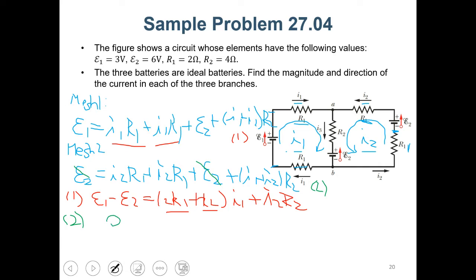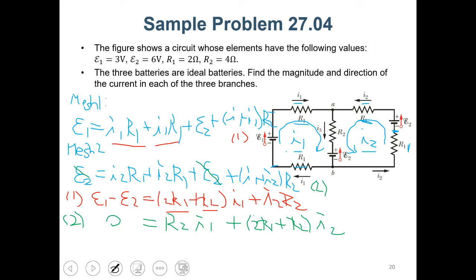So the left hand side is 0 equals R2 I1 plus 2R1 plus R2 I2, something like this. So I1 and I2 are unknown variables, all the others are known variables. So we have two unknowns with two equations. Two equations with two unknowns, so then we can solve I1 and I2, and then we substitute the numbers in it.